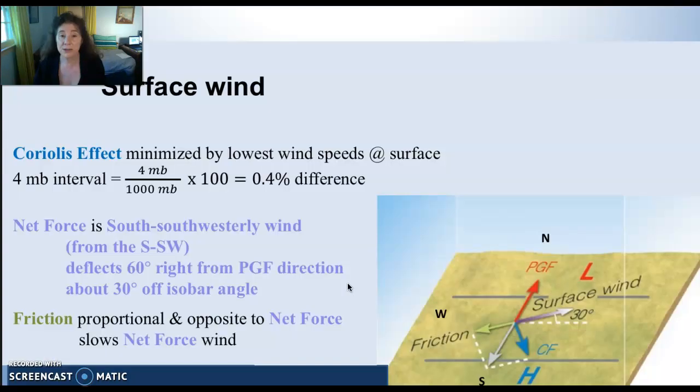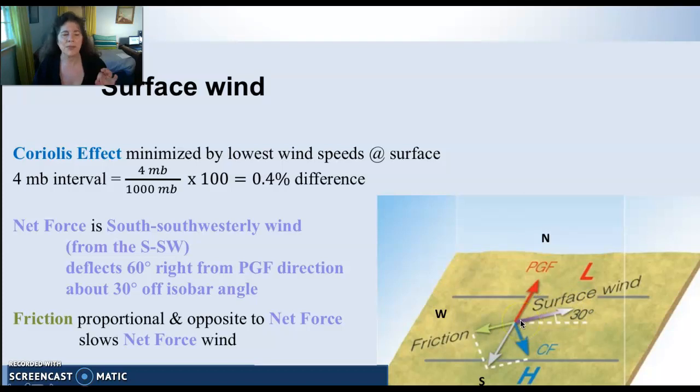If we go down to the surface level, where you've got grass and fields and so forth, you've got even lower pressure gradient force, and you've got more things in the way. You've got trees in the way rather than skyscrapers. So what you see here is that the net force turns out to be the purple force here of a southwesterly wind.